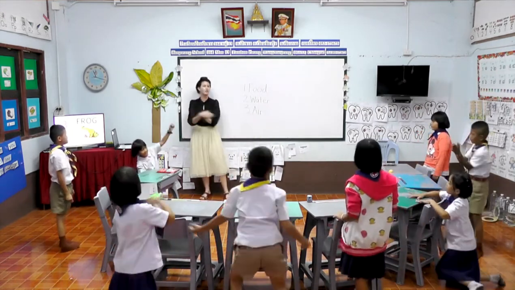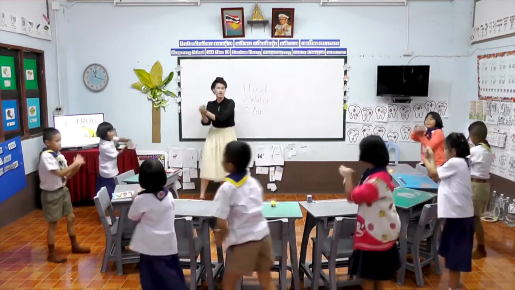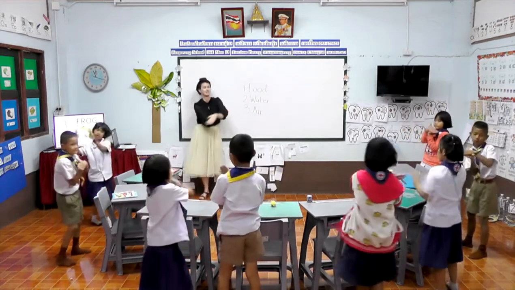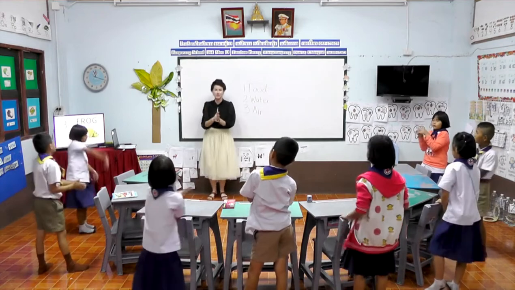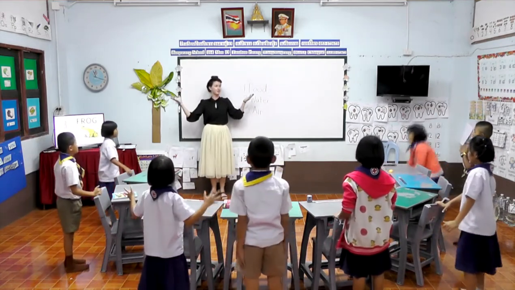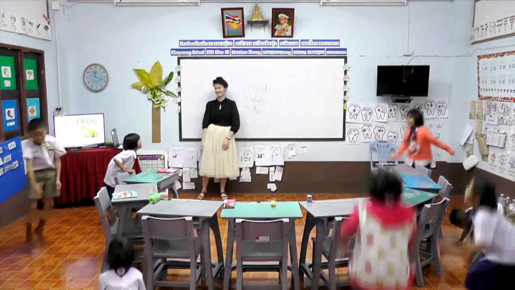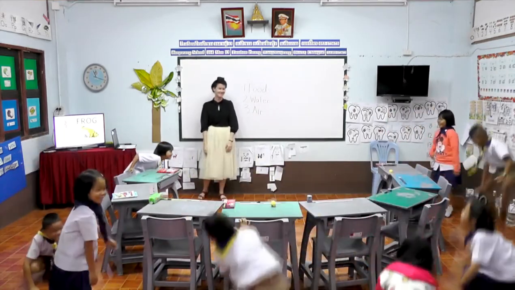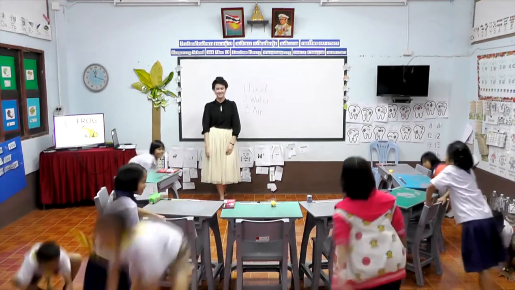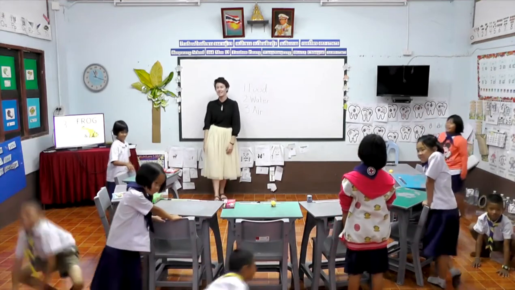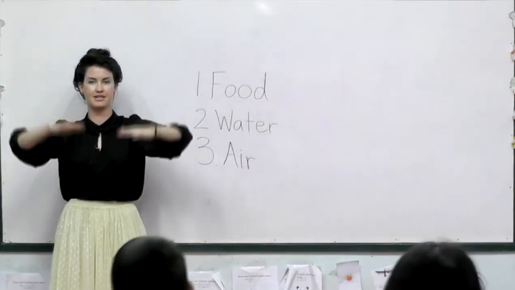Now you're a tadpole. You can swim around. Okay, now you've gotten bigger. You've grown. What are you? A frog. Hop around like a frog. Very nice. Okay, my little frogs, hop back to your seats.